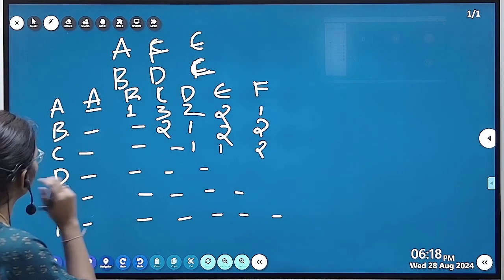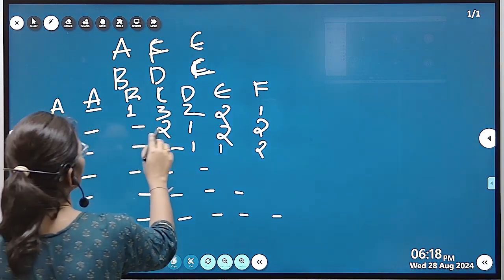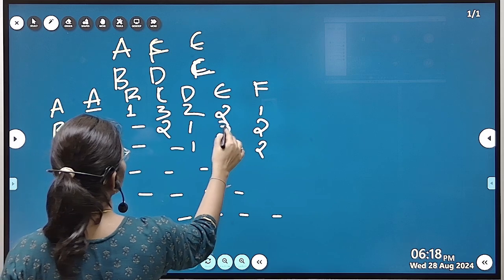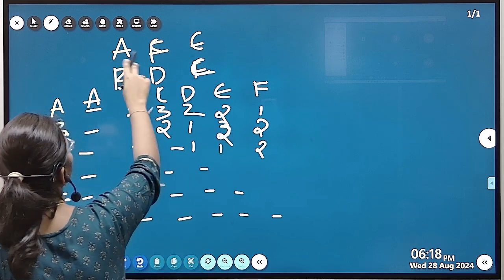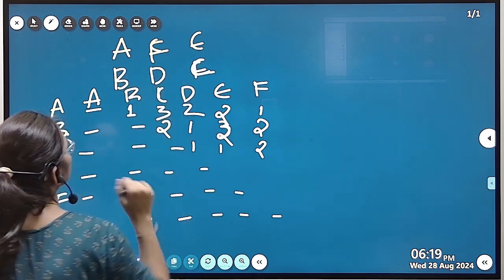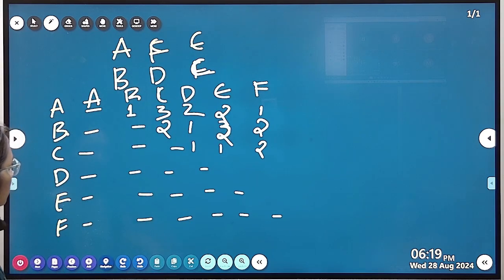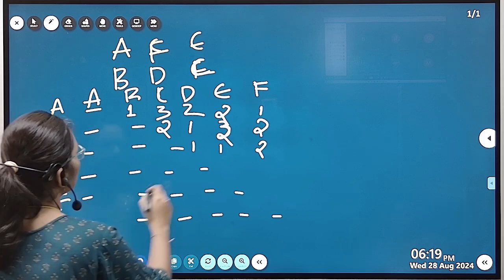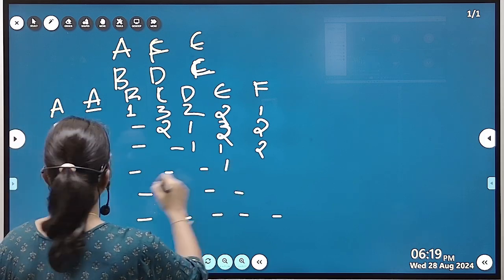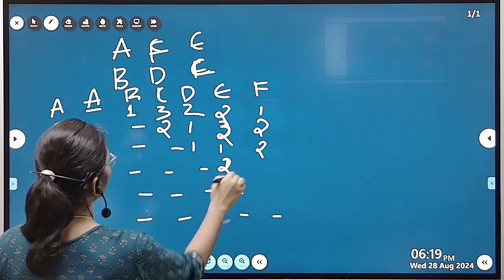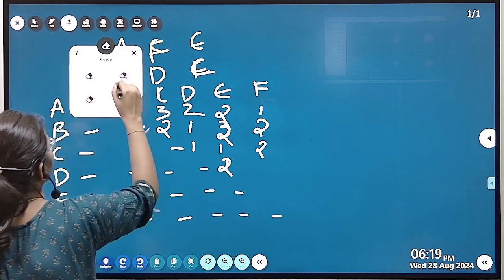Where? B to, yes, it's 3. Yeah. Next, D to E 1. So 2. I'm getting confused with that.